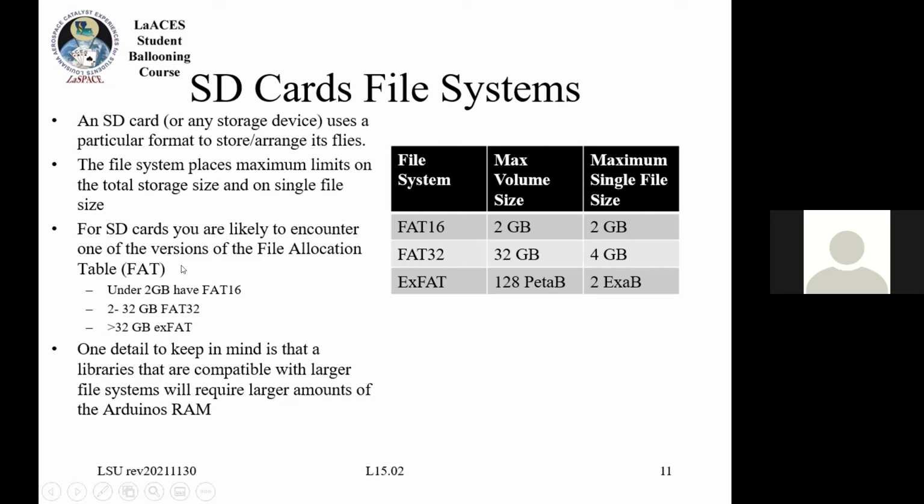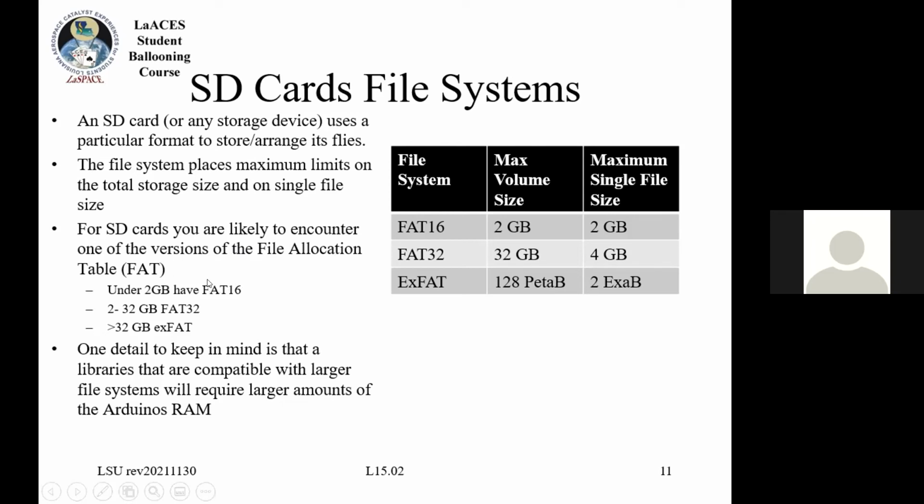So for the SD cards, what we should see is pretty much some variation of what's called the file allocation table, or FAT file system. And the number here, I believe, is basically how many bits the addresses are.